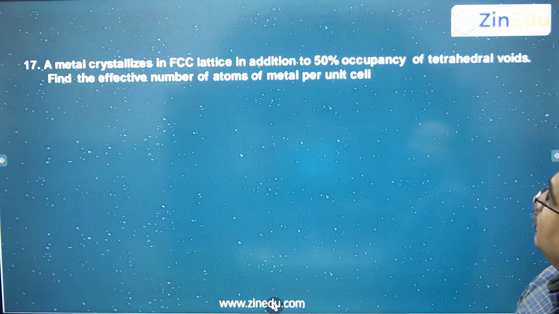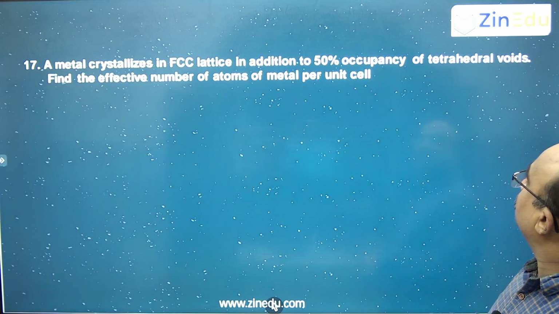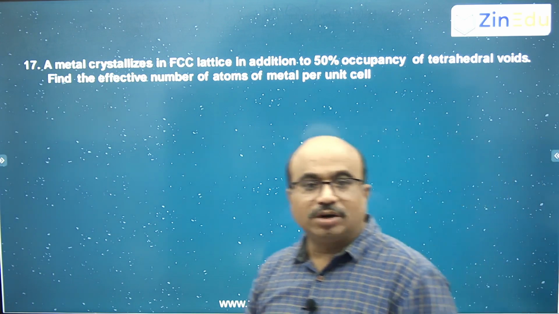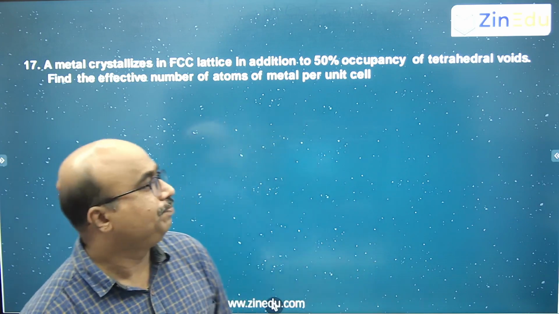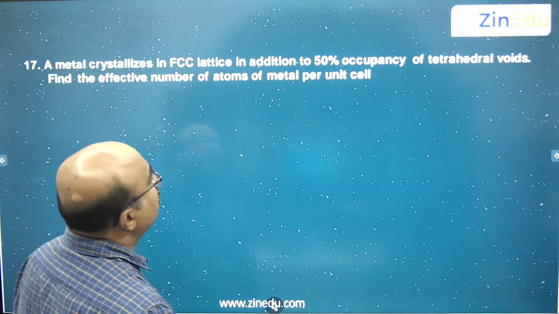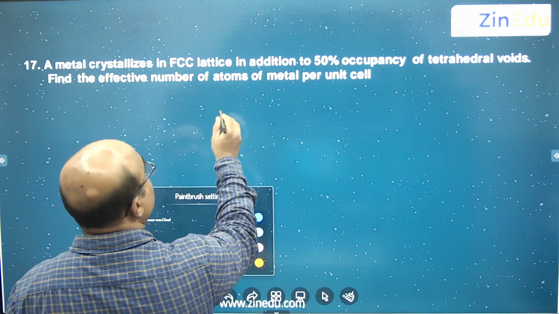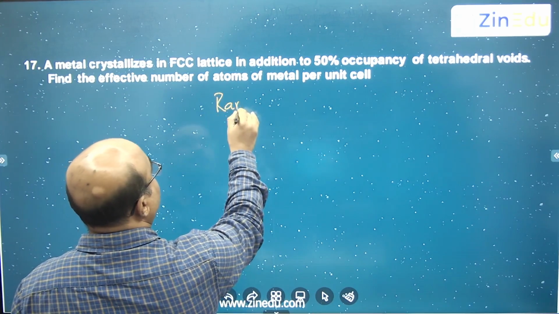A metal crystallizes in an FCC lattice in addition to 50% occupancy of tetrahedral voids. Find the effective number of metal atoms per unit cell. If it is FCC, the rank of FCC is 4.